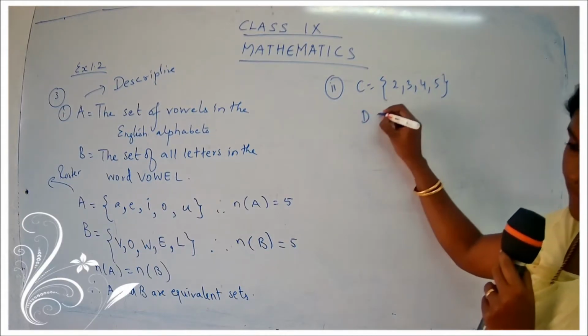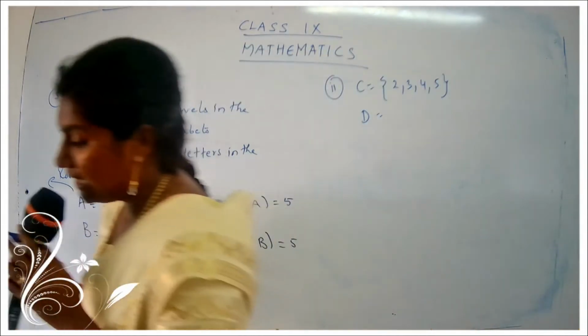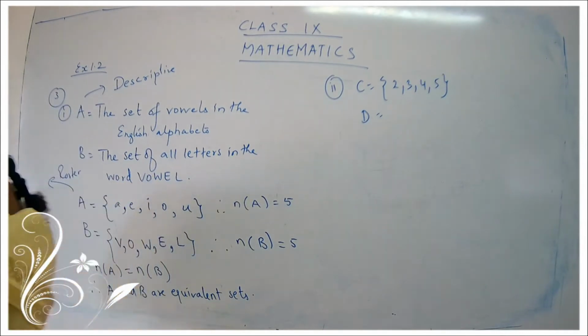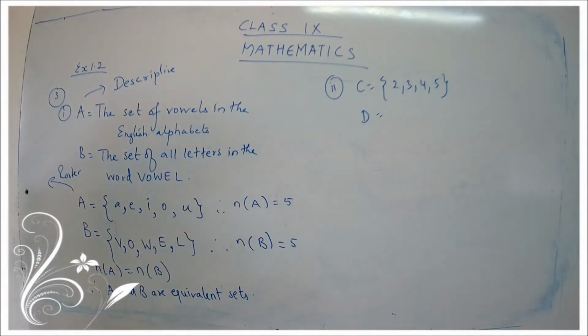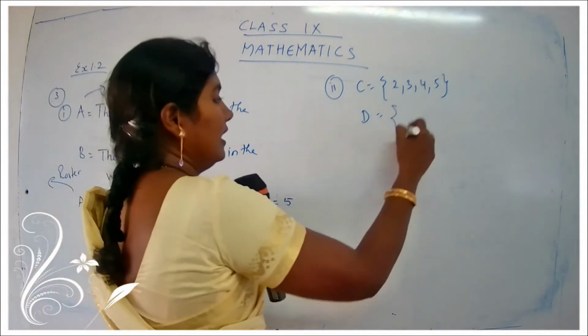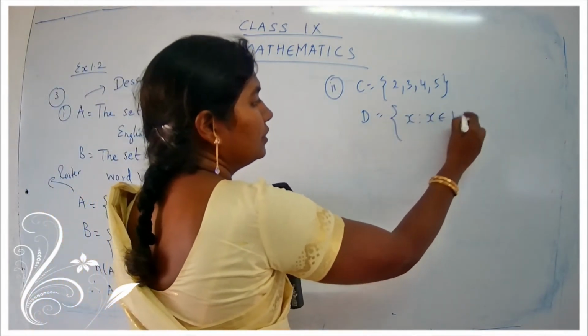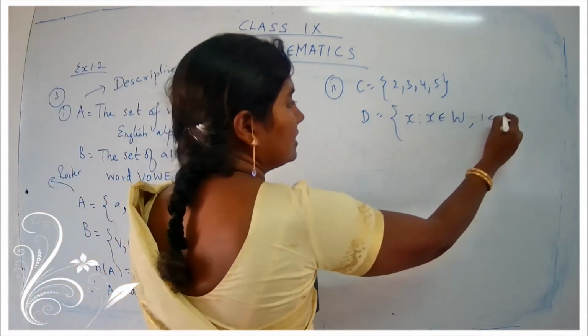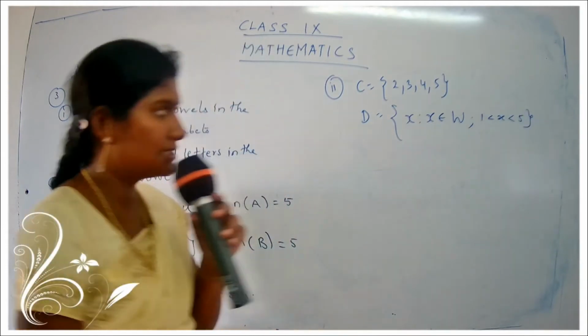And what about D? They have given you one more set. D is equal to {x such that x belonging to W, 1 < x < 5}. x lies between 1 and 5. So these are the two sets given to you.